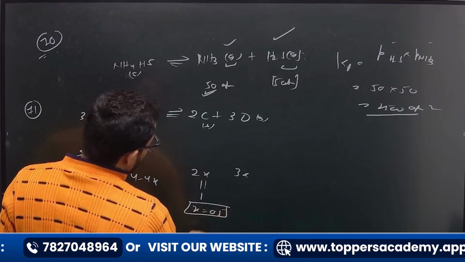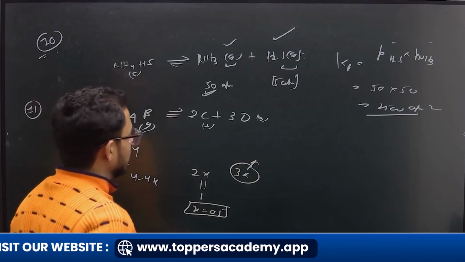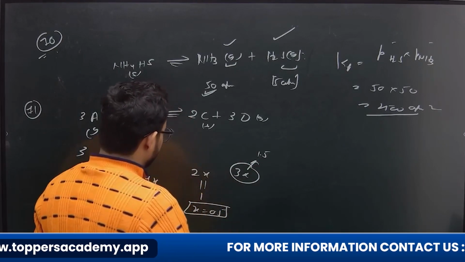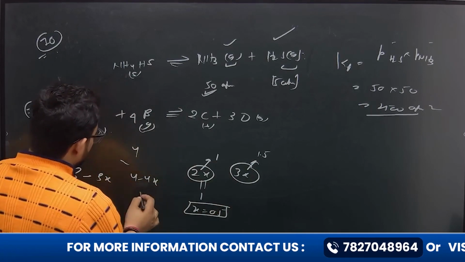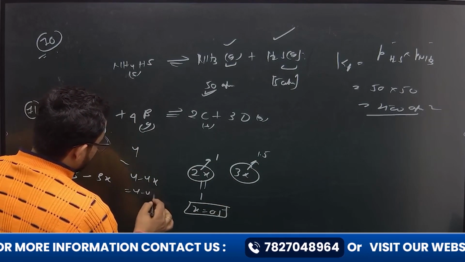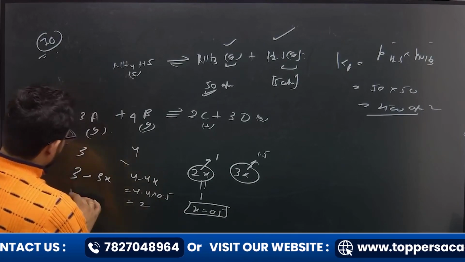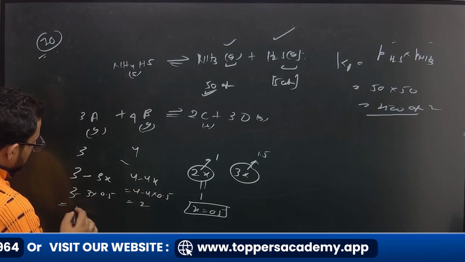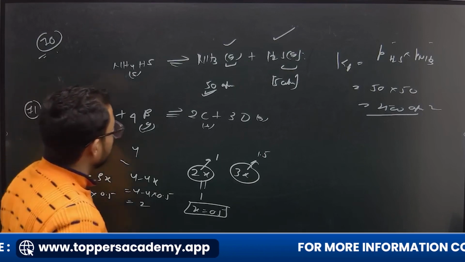So the moles of D at equilibrium are 0.5 into 3, 1.5. C is 2 into 0.5, which is 1. B is 4 minus 4 into 0.5, 4 minus 2, which is 2. A is 3 minus 3 into 0.5, so 3 minus 1.5, which is 1.5.